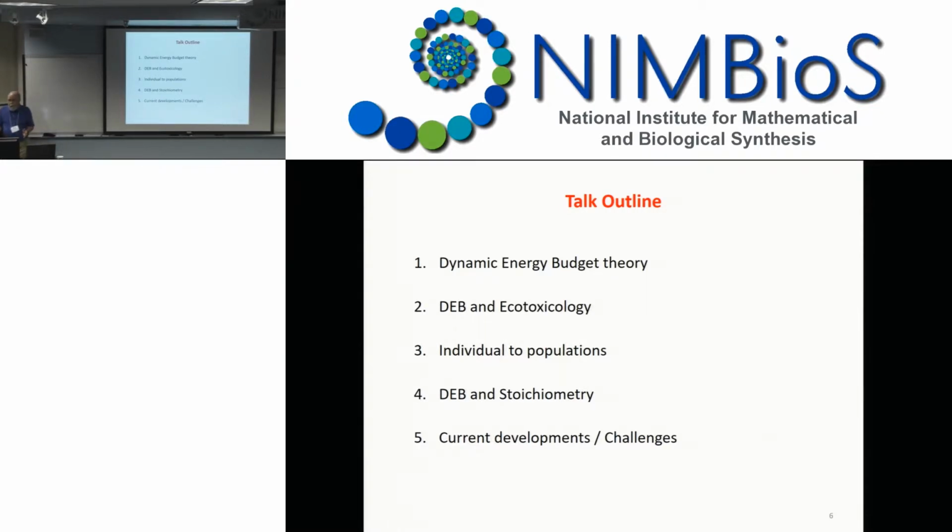Since much of the interest is in higher levels of organization, I'm going to say a little bit about connecting individuals to populations, because a lot of people here are working directly from a population level description. I'm then going to say something more specific about the way you can incorporate some of the issues in ecological stoichiometry, the reason that we're here, into the dynamic energy budget framework.